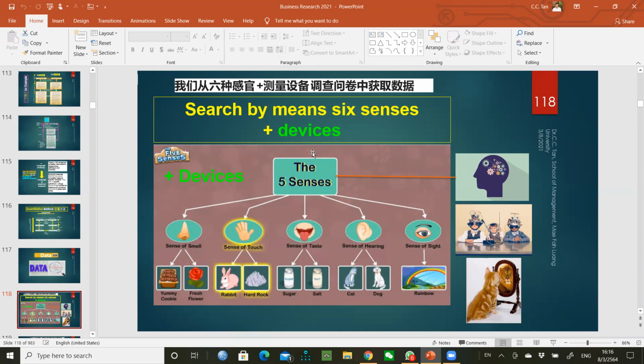And whichever the case, we have the 6 senses, 5 senses plus one more, which is the thinking sense. Okay, and the sense of our logic, the sense of intellect.